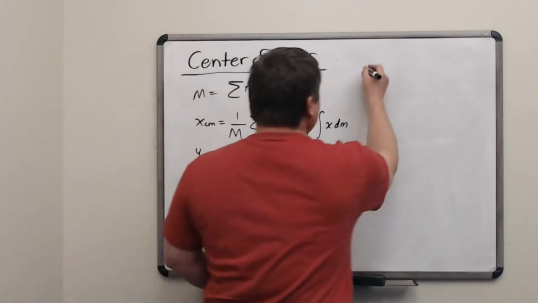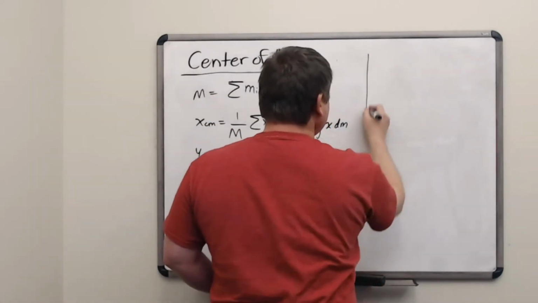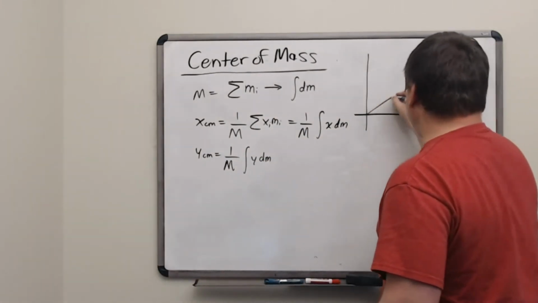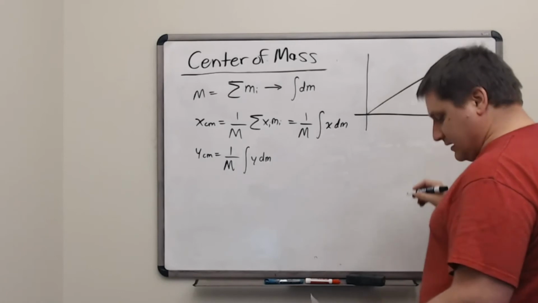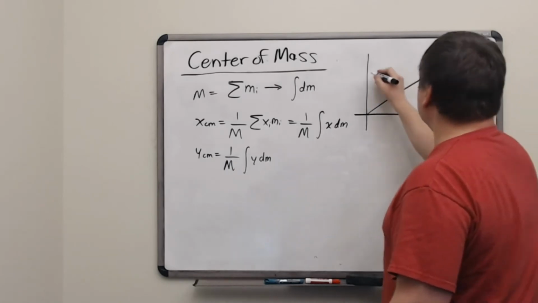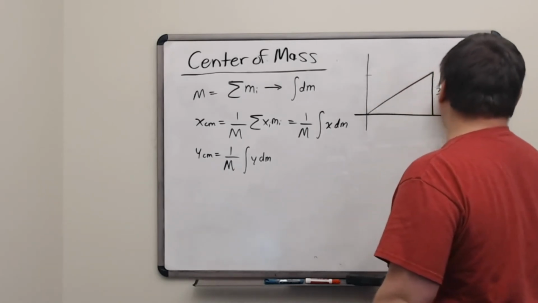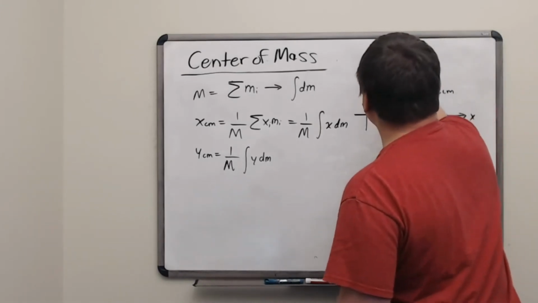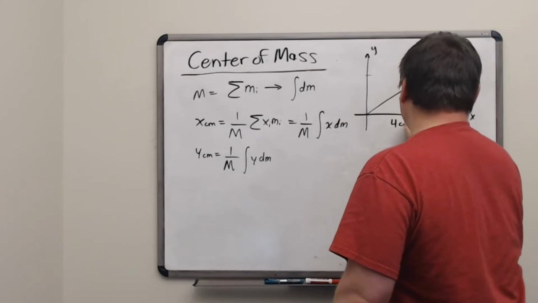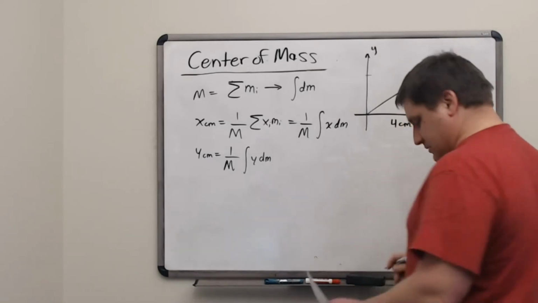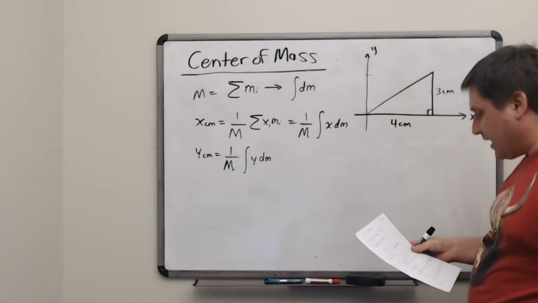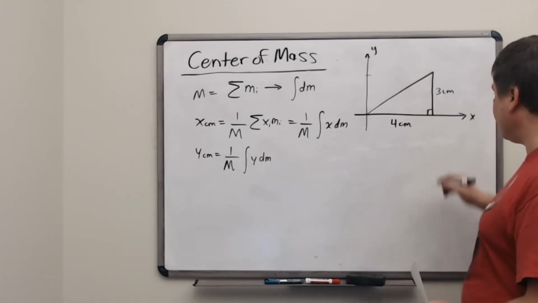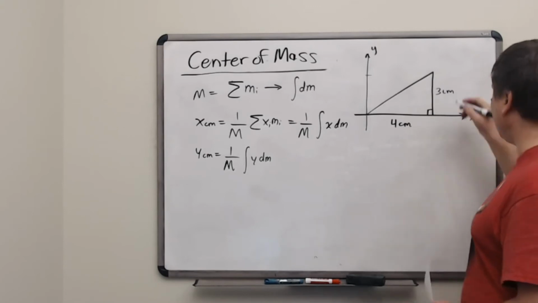I'm going to calculate the center of mass of an object that doesn't have any obvious lines of symmetry. So it's a triangular flat shape, so we're still working in two-dimensional coordinates here. And I'm thinking of a right triangle with a base of 4 centimeters wide, a height of 3 centimeters tall.